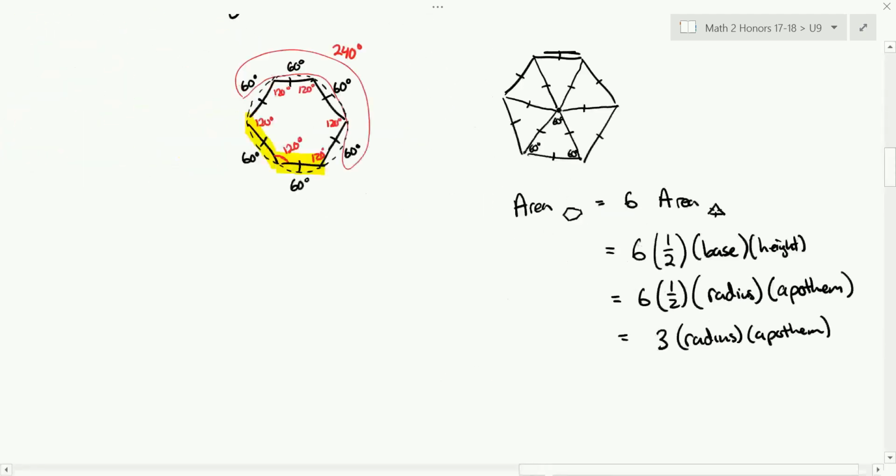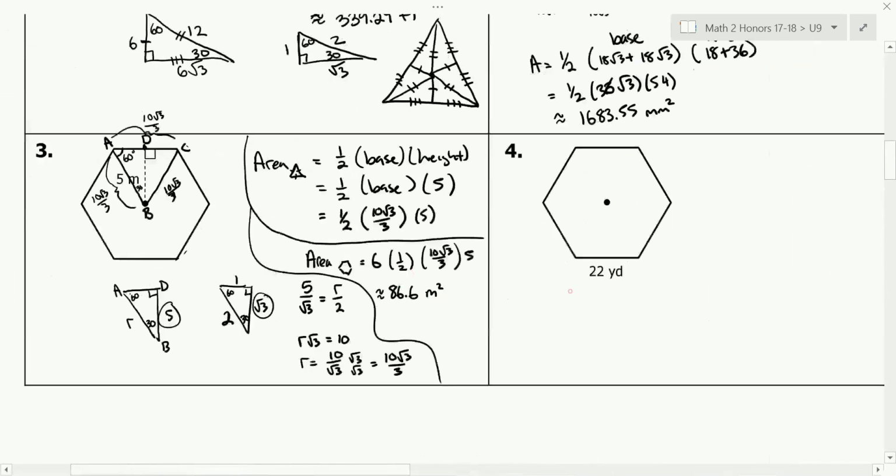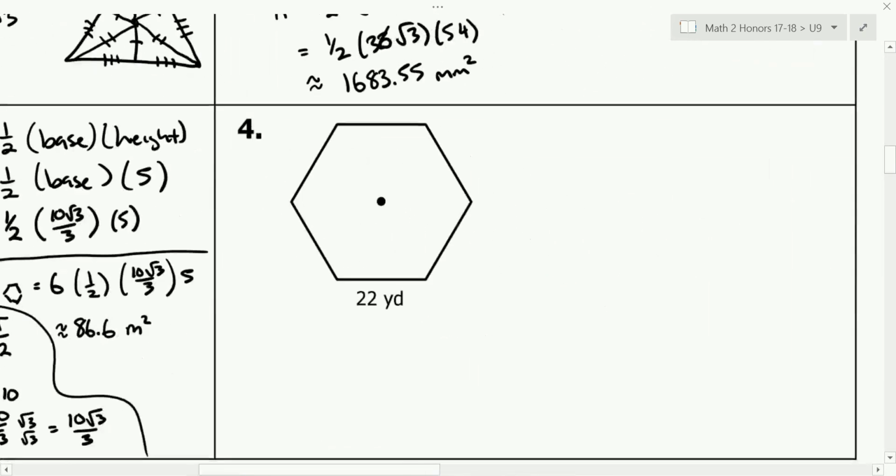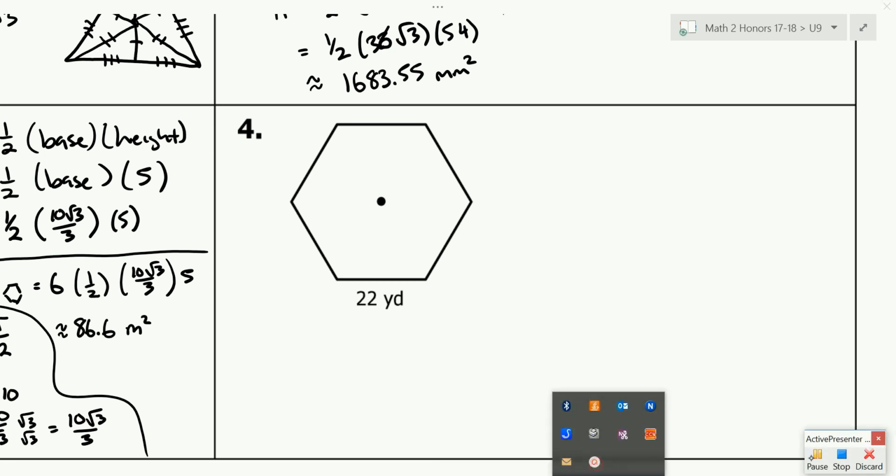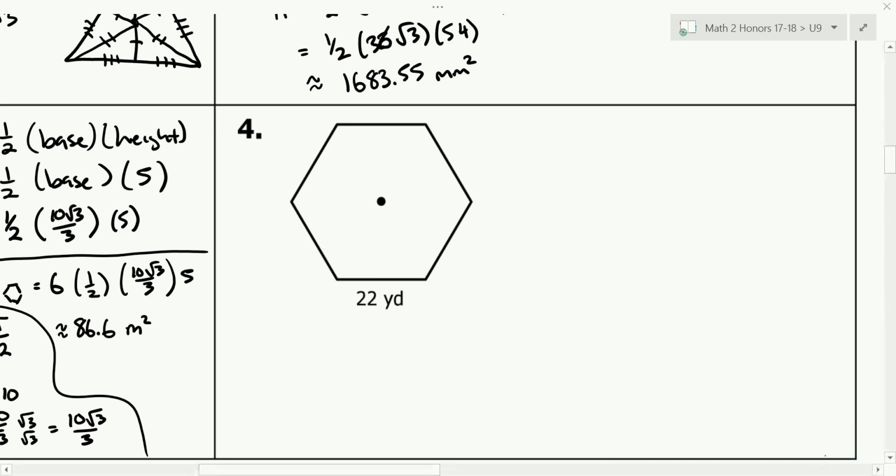So I want you now to go ahead and find the area of number 4. Okay, then can anybody, I don't want the final answer, but just lead me through what you did to get there, Elena.